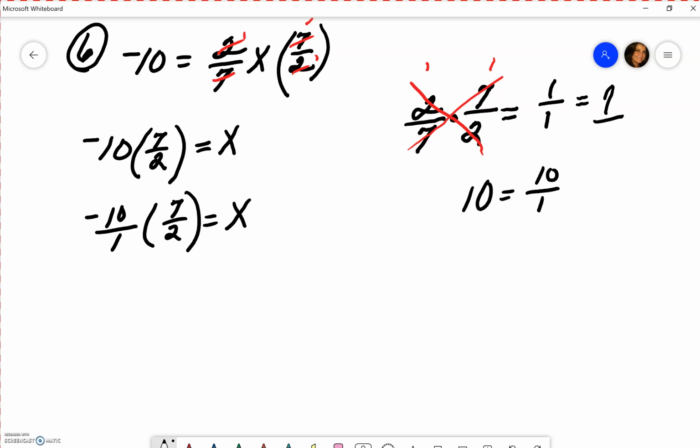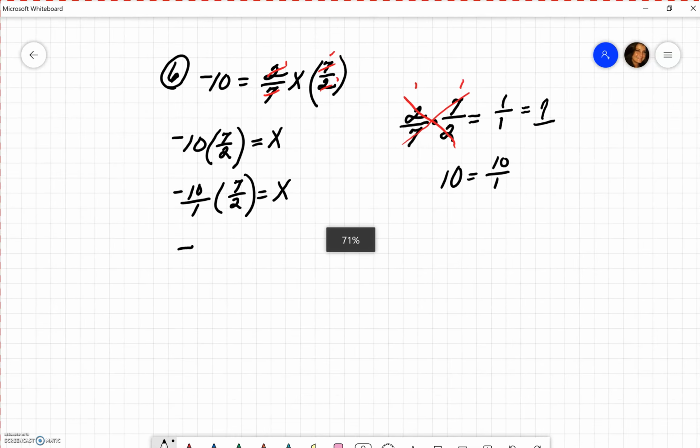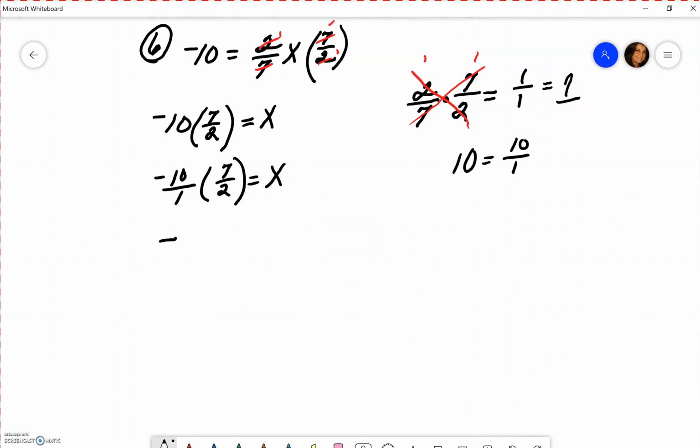Now I'm going to write it as one fraction. Oops, I didn't mean to reduce the size. So we're going to write it as -10 times 7 all over 1 times 2. And that's equal to x. All right, so I'm going to start thinking, is there anything I can factor out so I can reduce this before I multiply it?